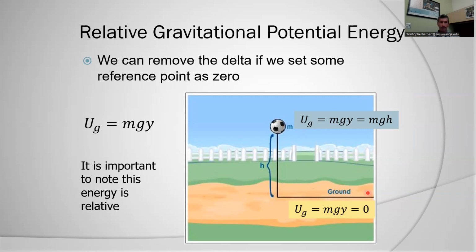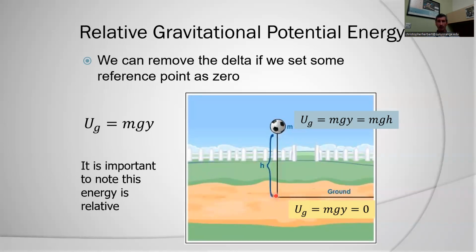So again, here's an example. We have a soccer ball. Just like the book, we hold it some distance above the ground. Our potential energy here I've defined in terms of the ground. So my distance y is using a reference point where y equals 0 is on the ground.